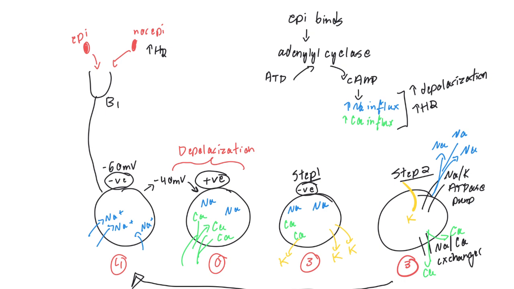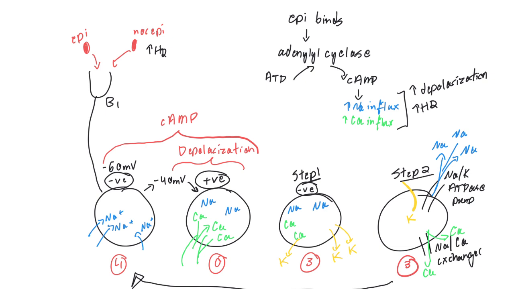So in red, I'm going to write over here, cyclic AMP. That's really where it works. It increases the speed of sodium influx in phase 4, which means we can get to phase 0 faster. And it increases the speed of calcium influx in phase 0, which means we can get to depolarization faster.